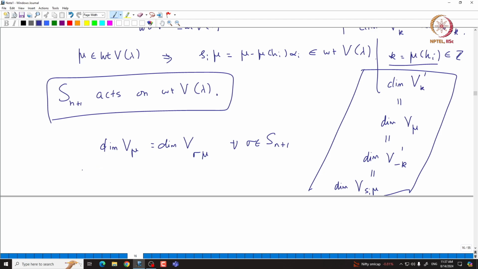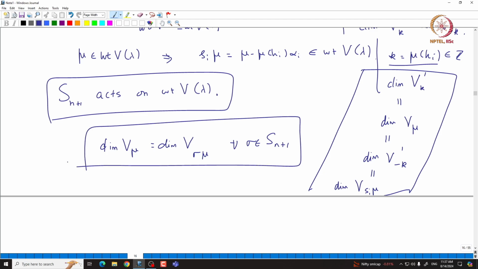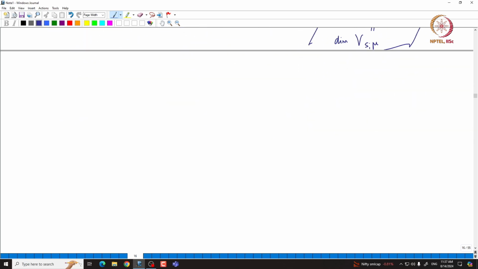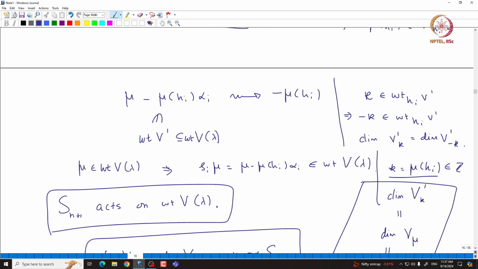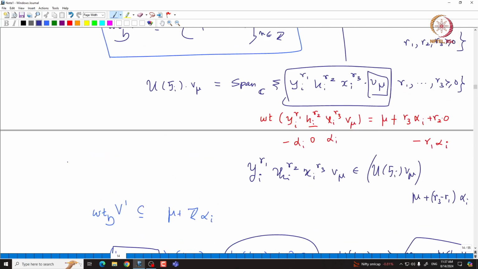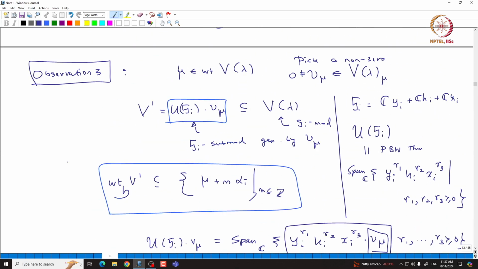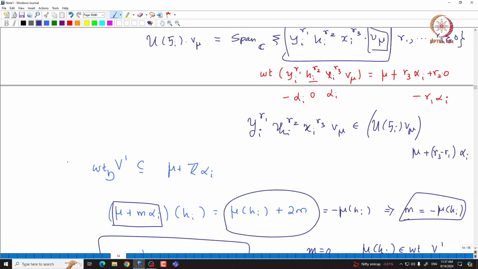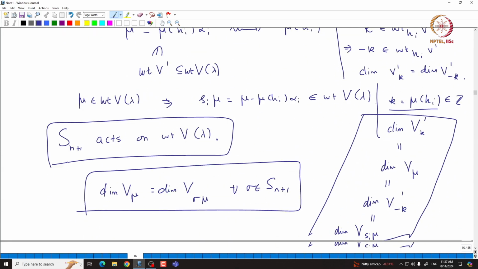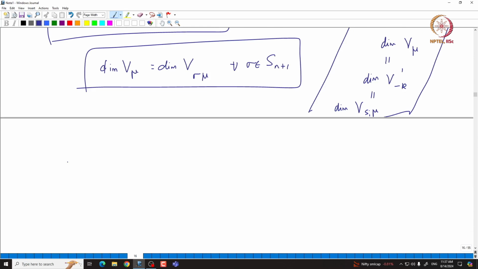So, that is why this is true for all weights of V_lambda. So, these are observations that one can make immediately for a finite dimensional standard cyclic irreducible module. We already made this observation for finite dimensional irreducible representations, and we are making a similar observation here.